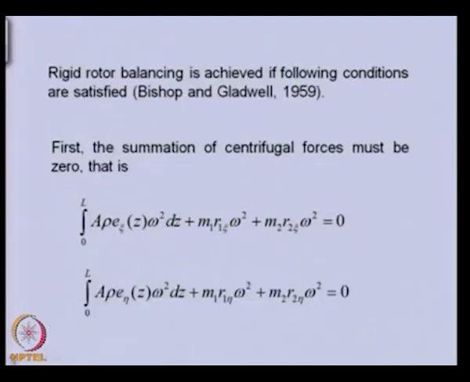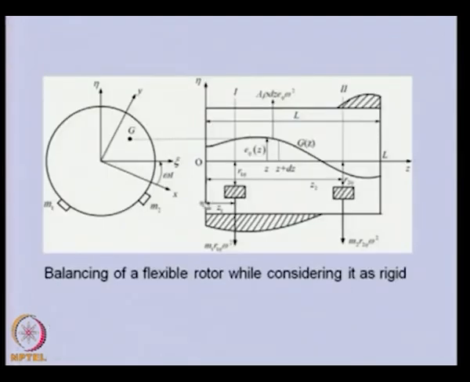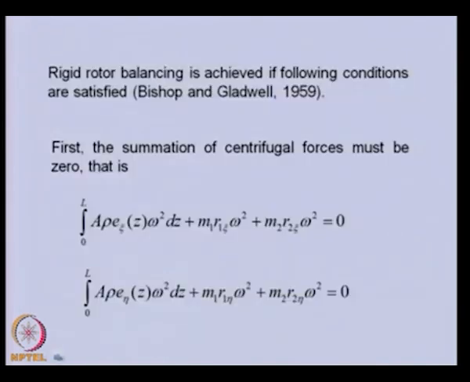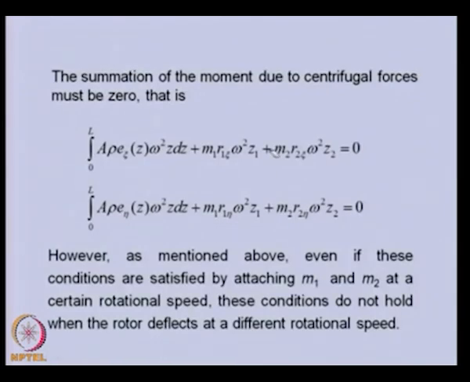You can see the locations of the correction masses are z1, z2. We have taken moment about this point, so that we have the moment of all, not only from the eccentricity of the rotor, but also from the correction masses. So, these 4 conditions we need to satisfy for rigid rotor balancing.